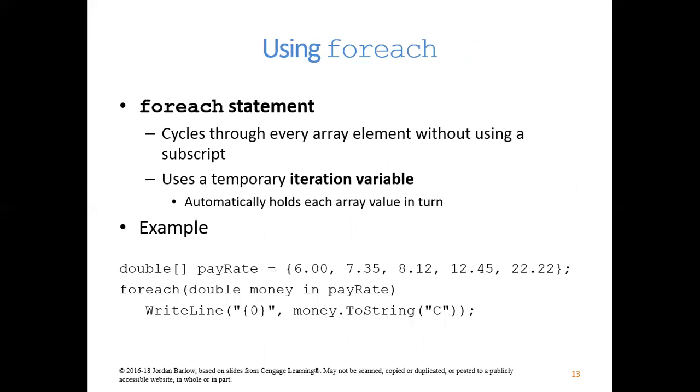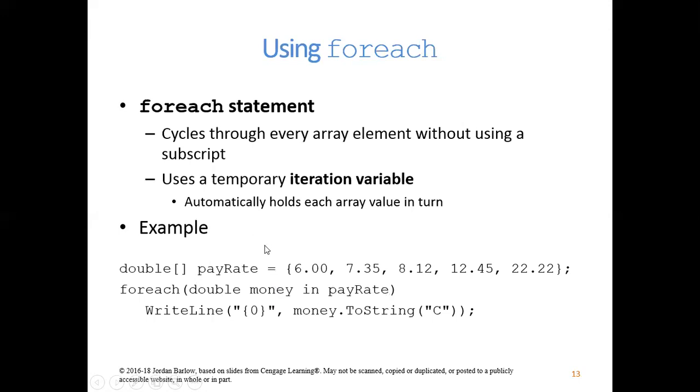The for each statement is nice. It's used particularly with arrays. It's like a for statement, but it's kind of like shorthand. So in this example, you can say for each, and then you have to state the data type, and then you just make up a name for it, and then you say the keyword in, and then the name of the array.